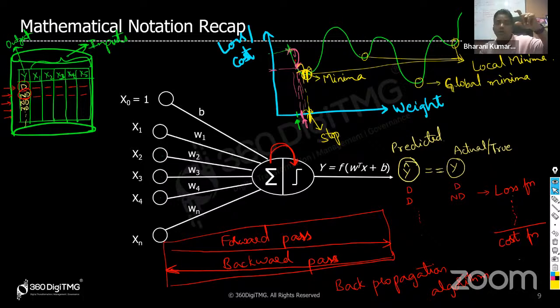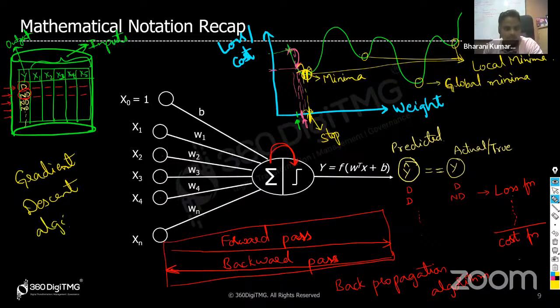Now, the algorithm which is used to minimize the loss is called the gradient descent algorithm. Yesterday, did we talk about gradient?